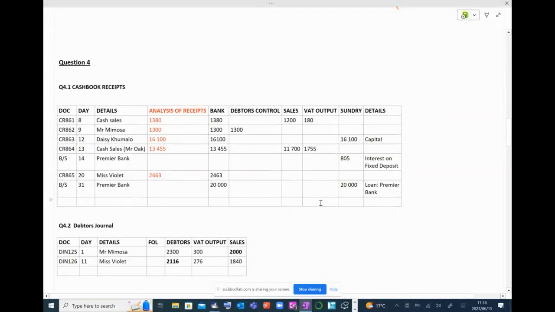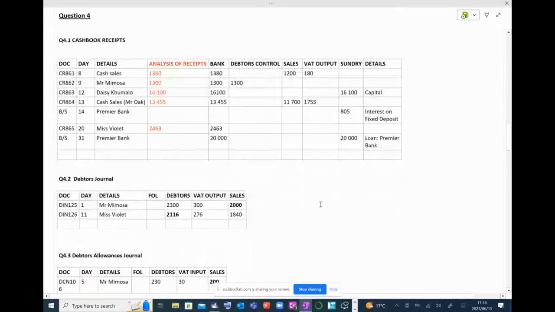If you go to the journals, you saw in 2021 they asked us about the cash payments journal, the creditors journal, the creditors allowance journal, and then the general journal.